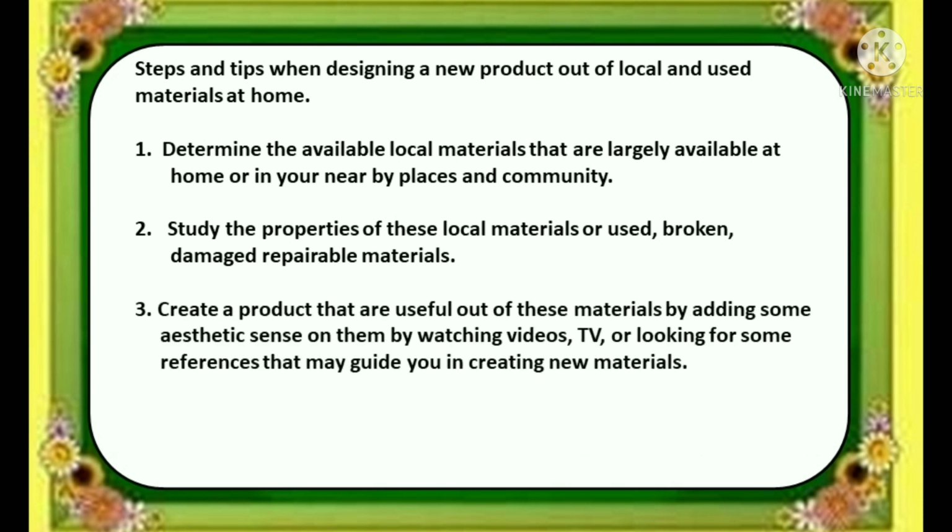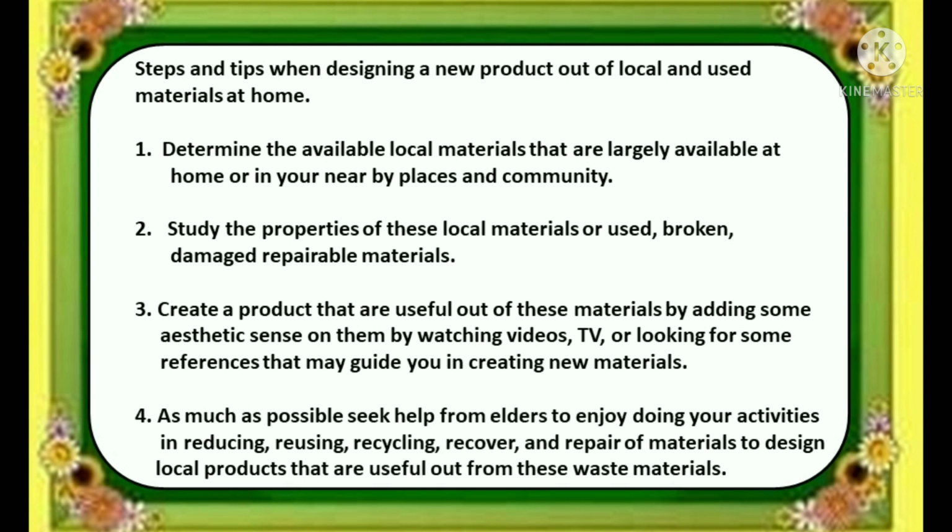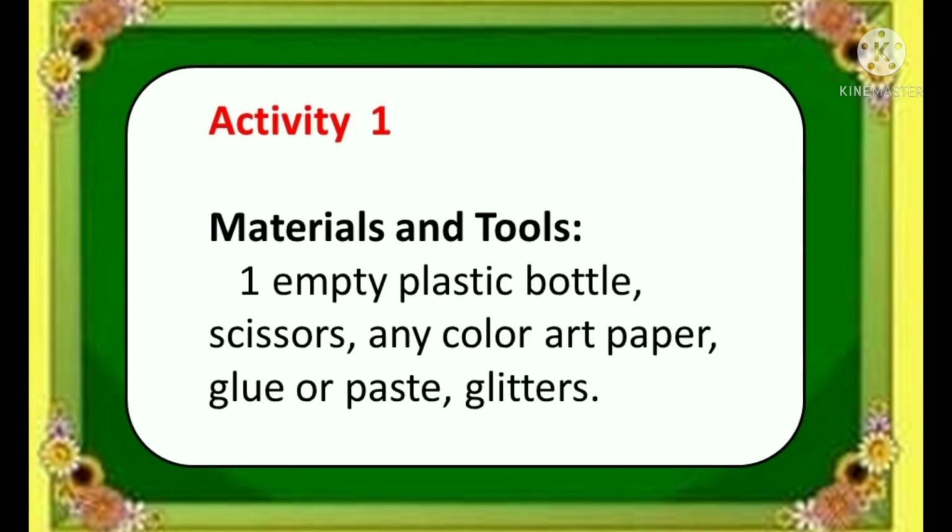Third, create a useful product out of these materials by adding some aesthetic sense to them, by watching videos, TV, or looking for some references that may guide you in creating new products. Fourth, as much as possible, seek help from elders to enjoy doing your activities in reducing, reusing, recycling, recovering, and repairing materials to design local products that are useful out of these waste materials.